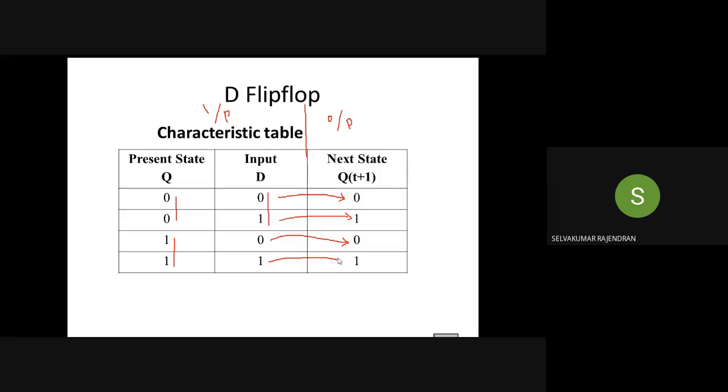Again, 1 is available on the next state value. The next state value follows the input applied on the D input line, irrespective of present state or previous output values. So the next state value follows the input.